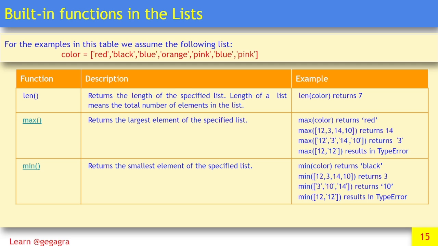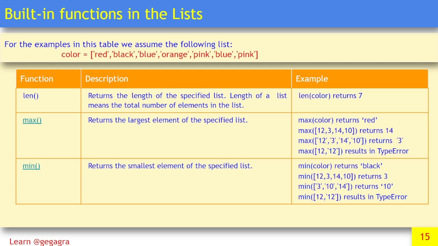So len color will return 7 because there are 7 colors: 1, 2, 3, 4, 5, 6, and 7.